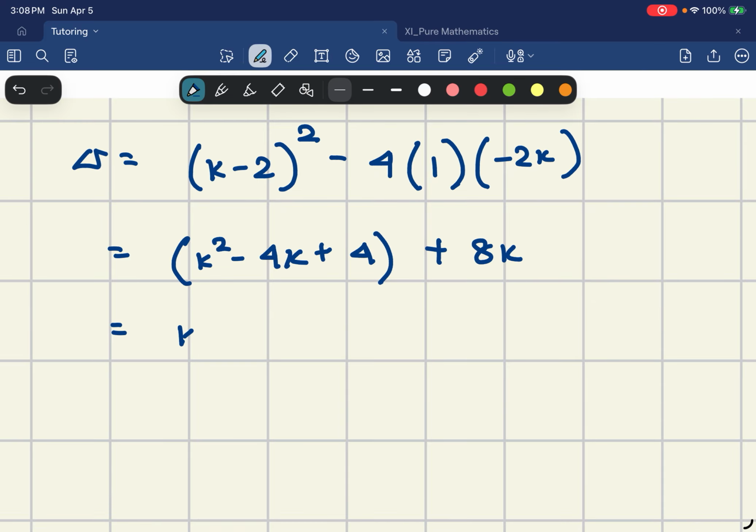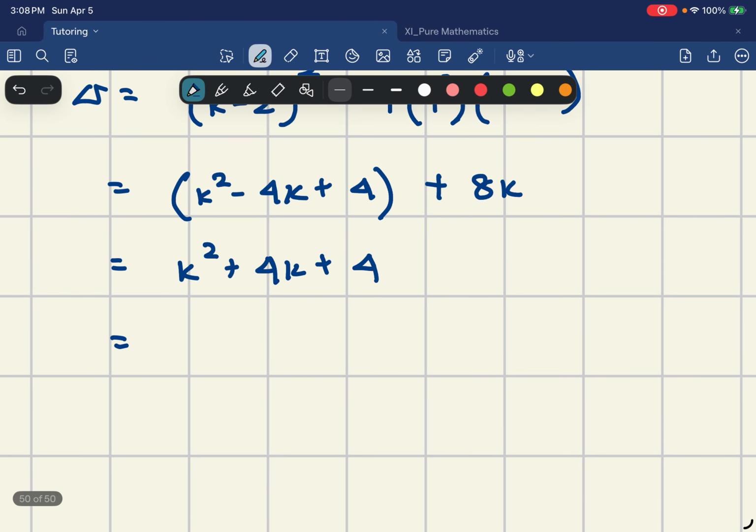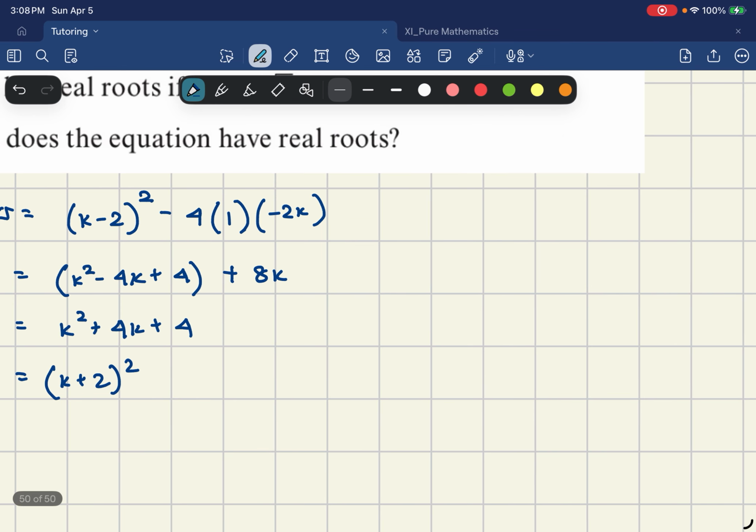So I have k squared plus 4k plus 4, and you can actually write this as k plus 2 whole squared, right? And if you look at this from a translation perspective again, k plus 2 just means that the graph has shifted 2 units to the left.